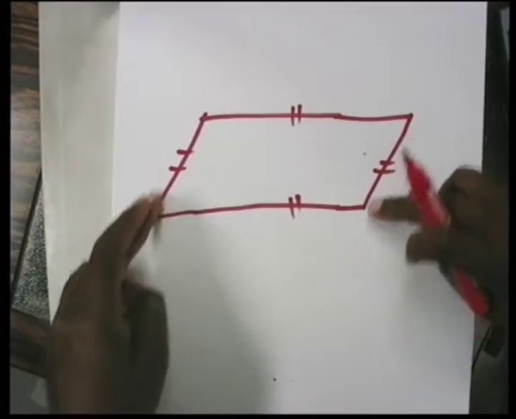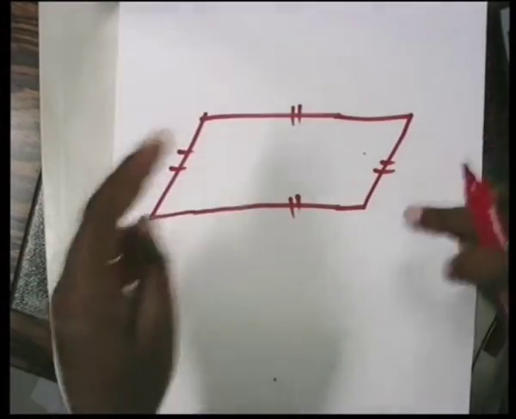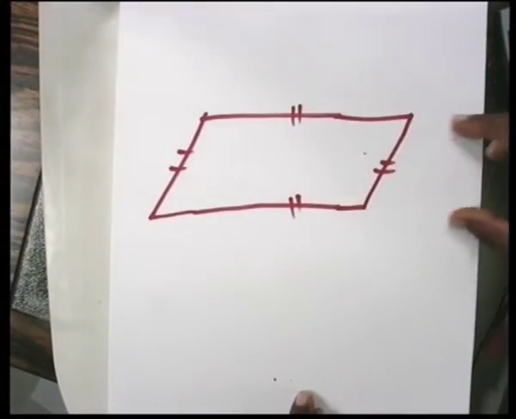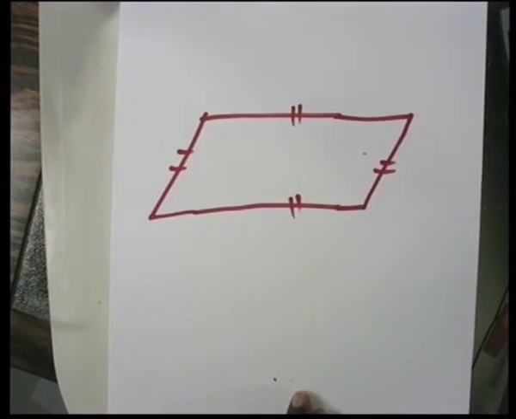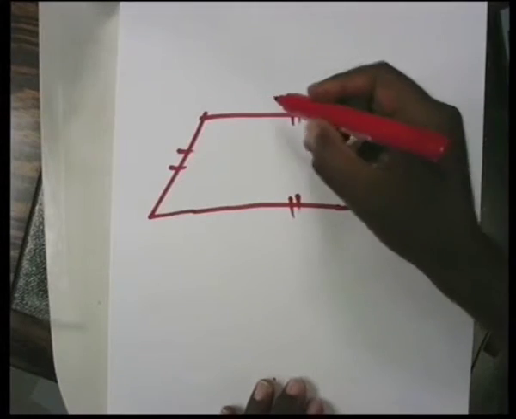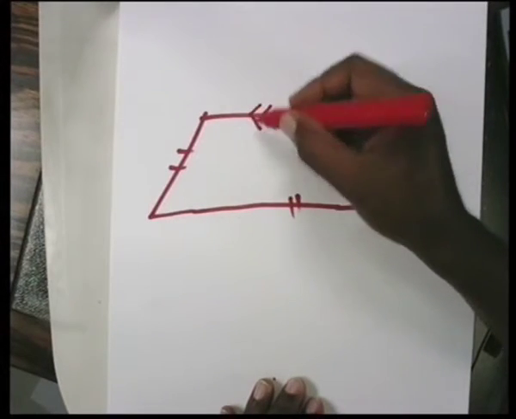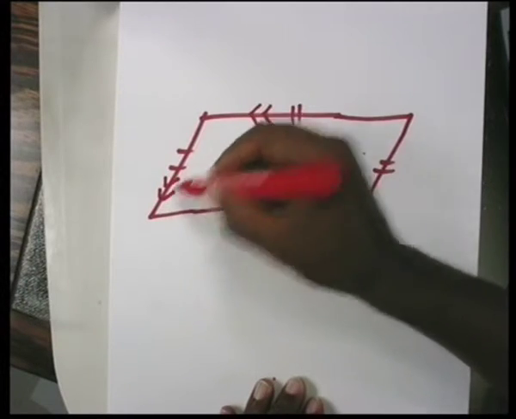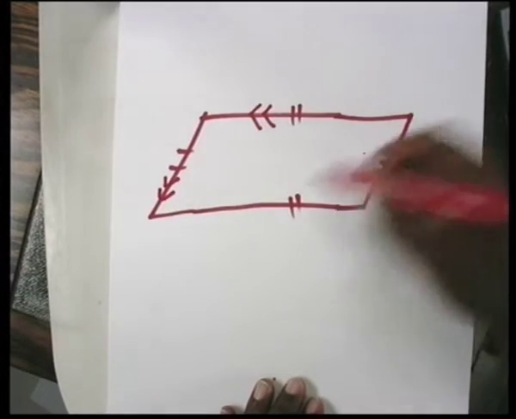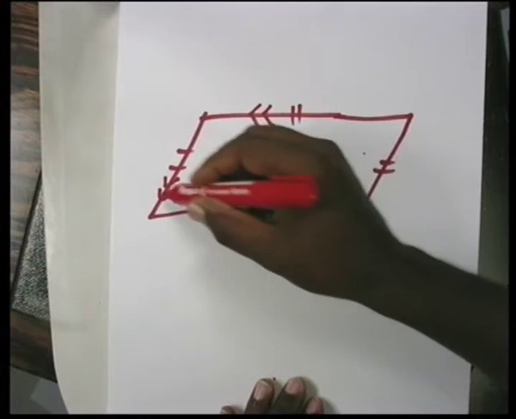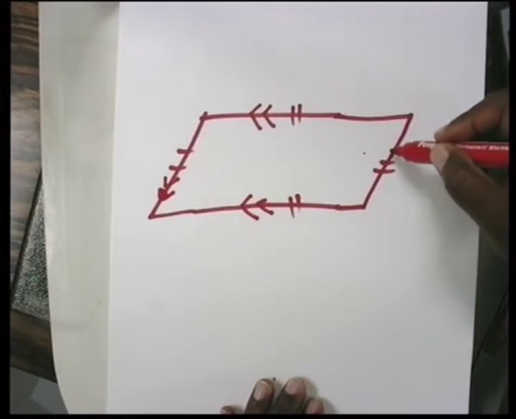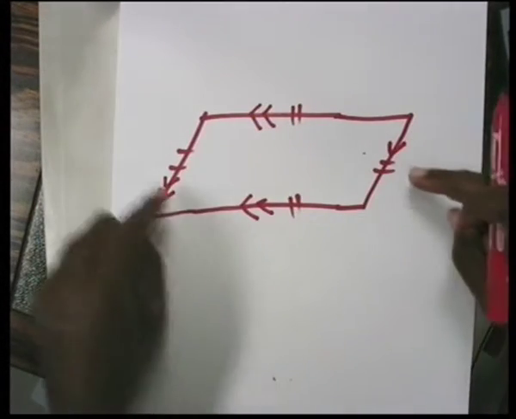In other words, if you extend this line here, they will never cross. If you extend this line here, they will never cross. And also, one of the properties of a parallelogram is that these two are also, as we say, parallel and equal. So this one is equal to this one. They are equal and parallel.